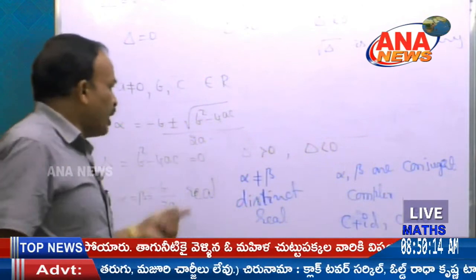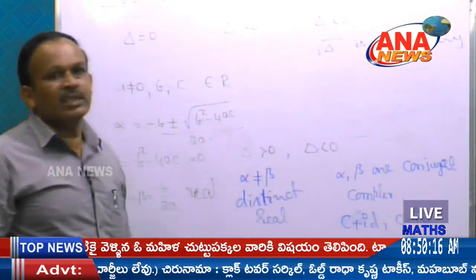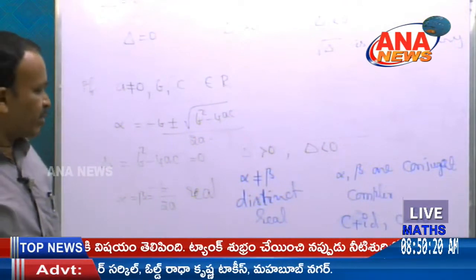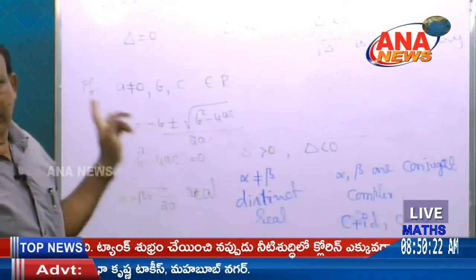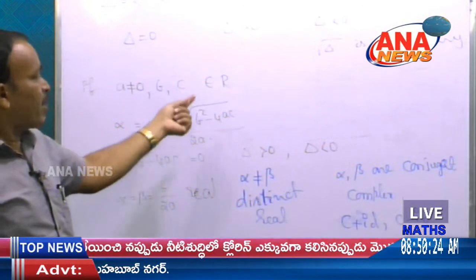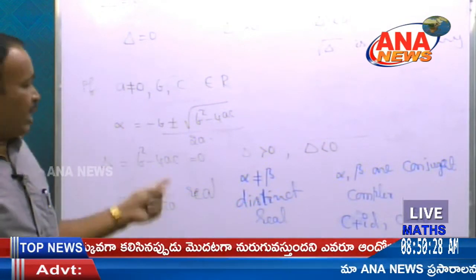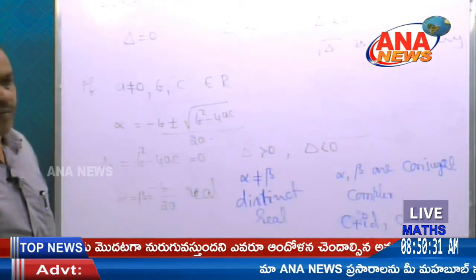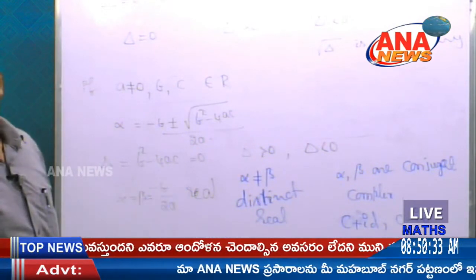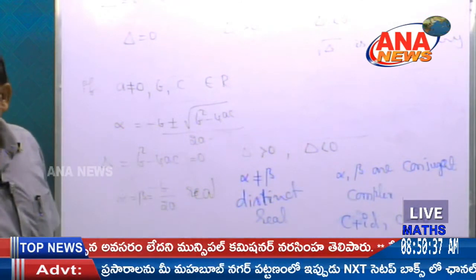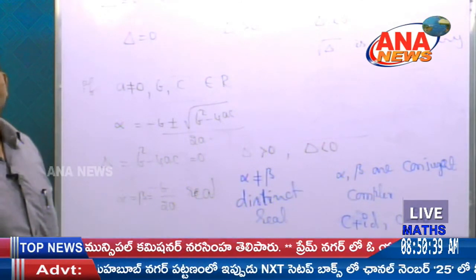If b square minus 4ac is an exact square, we get distinct real values of course. If it is not an exact square, these two are in the form of c plus root d and c minus root d. That type of values are called conjugate surds.